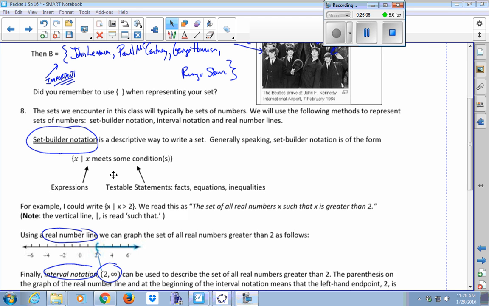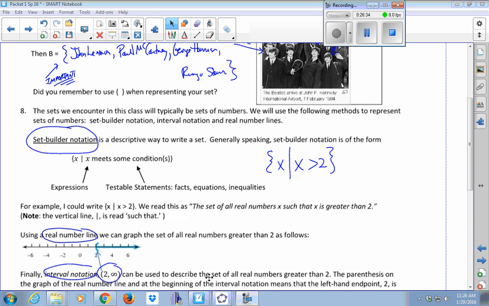So if it meets the condition, it goes in the set. If it doesn't meet the condition, it doesn't go in the set. So for example, if I wrote this, curly braces x such that x is greater than 2, I would know what numbers go into that set and what numbers don't. I couldn't list them with the roster method, but I would have a clear understanding of whether a number belongs in that set or not.